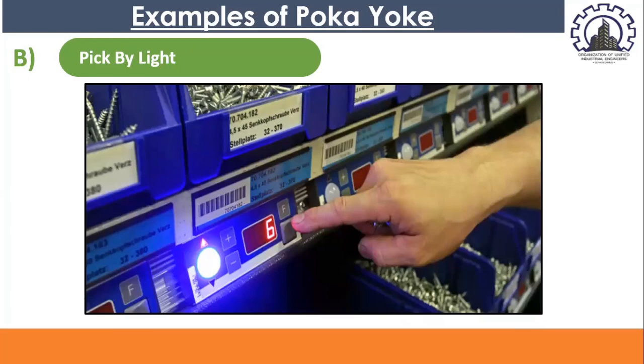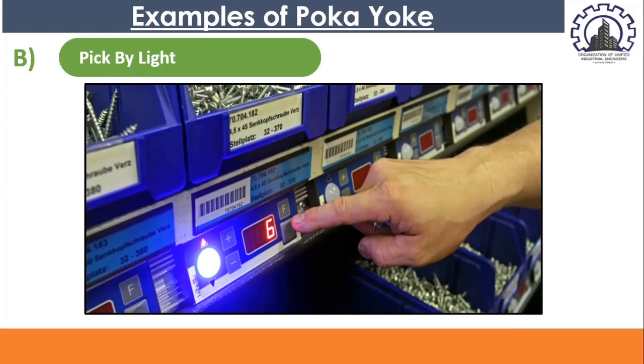So pick by light is a method which uses lights positioned on shelves, as you can see in our sample image. Like I said earlier, this method uses lights positioned on shelves, floor racks, or workbenches to direct and indicate to the operator what they should do next. Now, at the right point in the sequence, the light will guide the operator to a certain location.